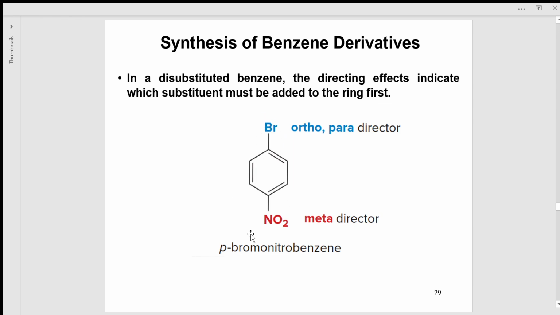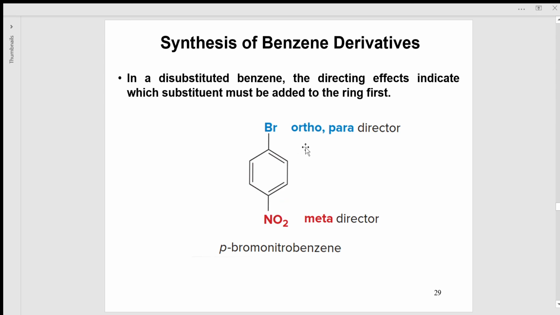And second option is, forget about the bromine. Let's introduce the nitro group first. Nitro group is introduced at this position. Nitro is a very strong electron withdrawing group, and we know nitro group is a very strong meta director. So whenever we want to introduce the second bromine group, because this is a meta director, this would be the meta position relative to nitro group.